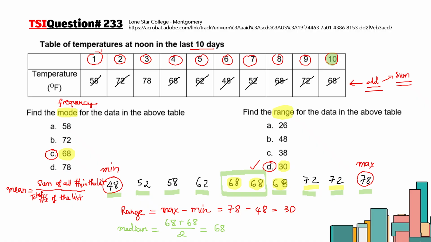But what if it's different from 68, maybe 62 and 68? You have to find the average between the 2 of them as well. So if the total number of items in the list is even, then you have to find the average of those 2 numbers: number 1 plus number 2, divided by 2, to find the median.